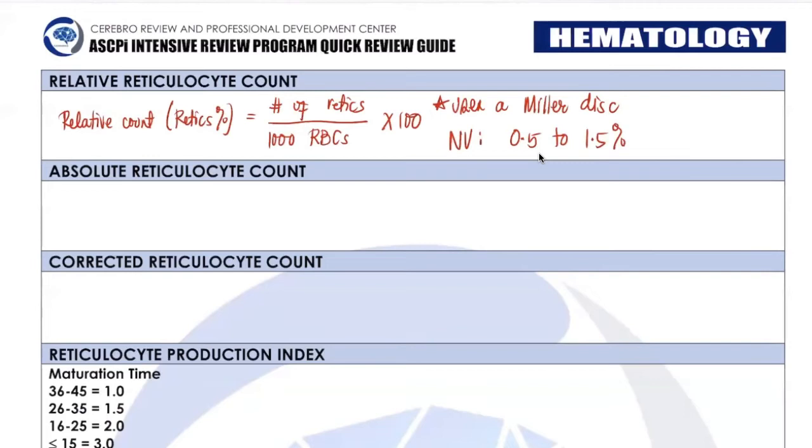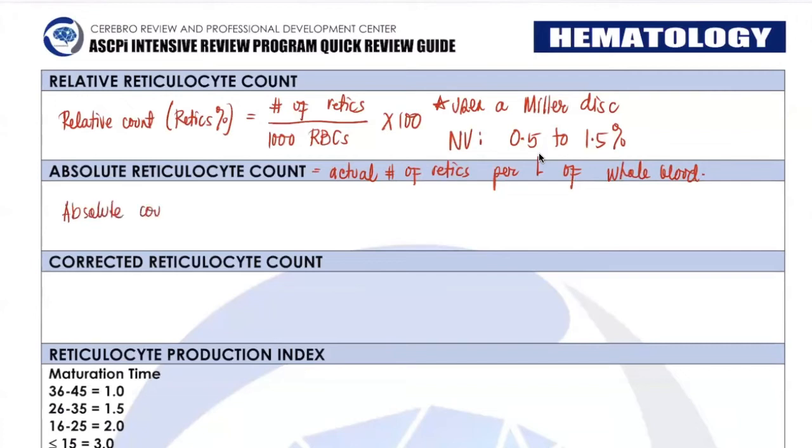So the absolute reticulocyte count represents the actual number of retics per liter of whole blood. Okay, so ano naman yung formula natin for the absolute reticulocyte count?